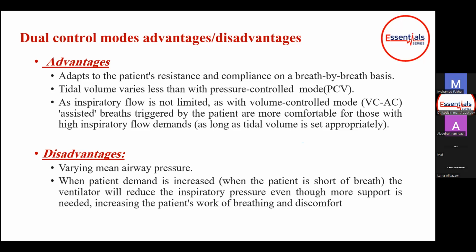So this increases the patient's work of breathing and causes more discomfort. So sometimes it's deceiving. AutoFlow or PRVC usually results in more patient-ventilator synchrony, but in patients with high efforts, sometimes there is some discomfort and distress.